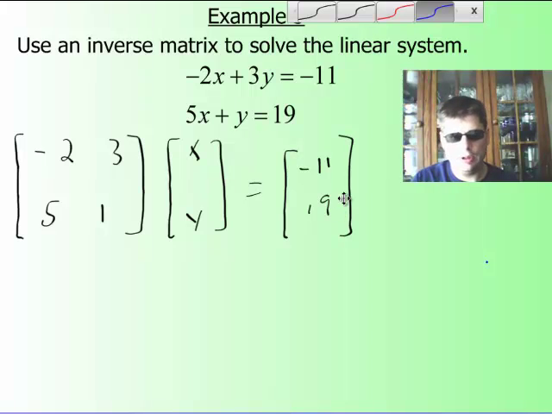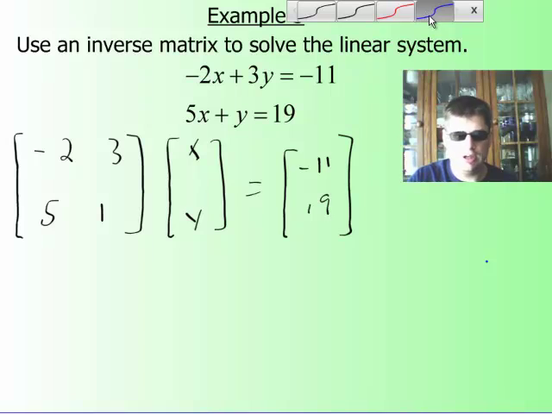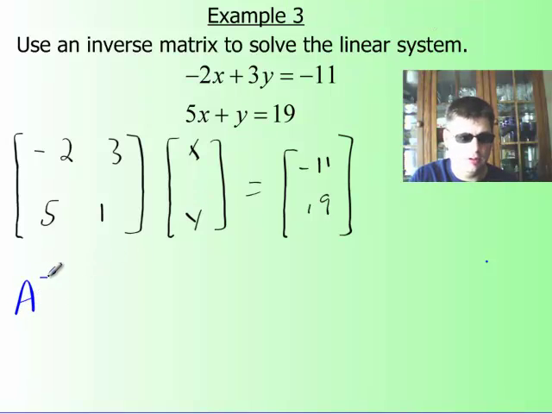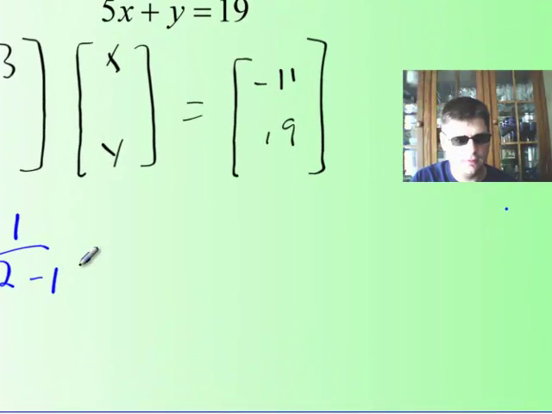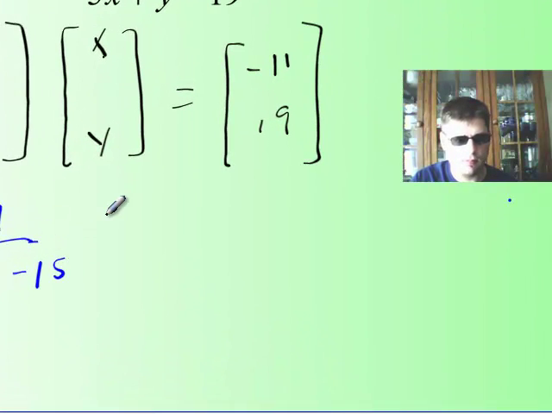Now that we have our equation of matrices, we will find our determinant of A and the subsequent inverse. So 1 over the determinant is -2 minus 15 multiplied by our modified matrix.